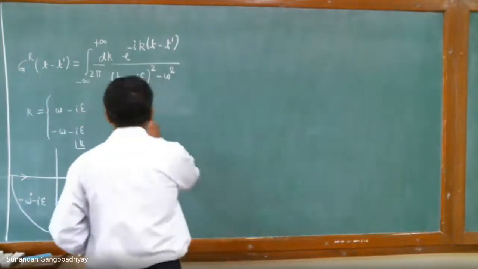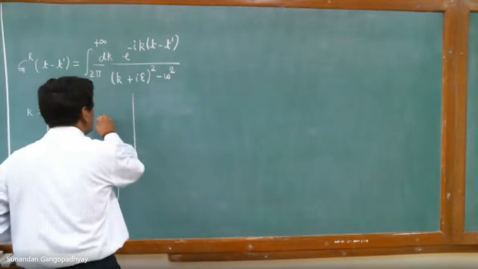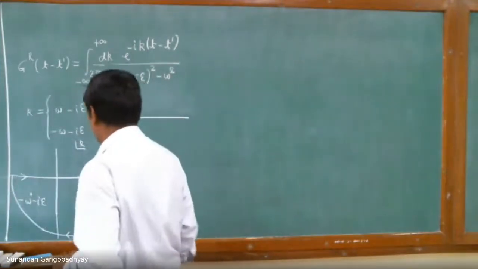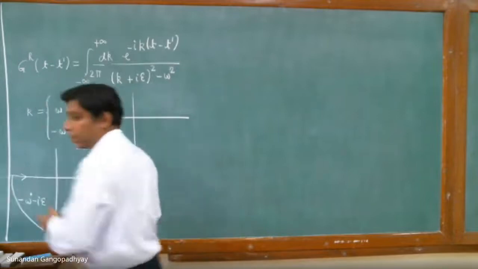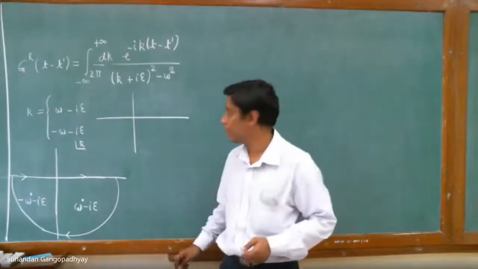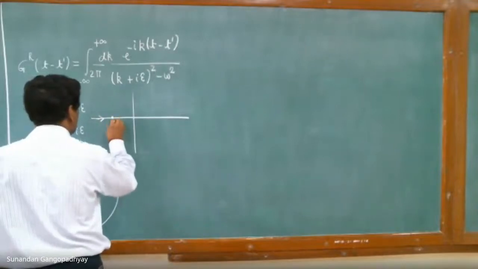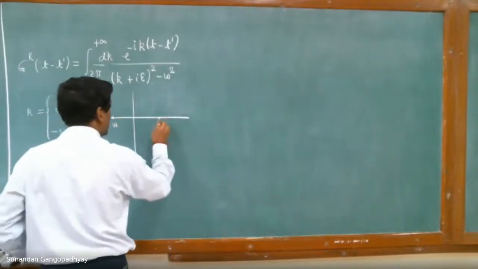And in this contour, as I mentioned in the last class, you can push both these poles upwards, and then the poles are now at minus omega and plus omega.